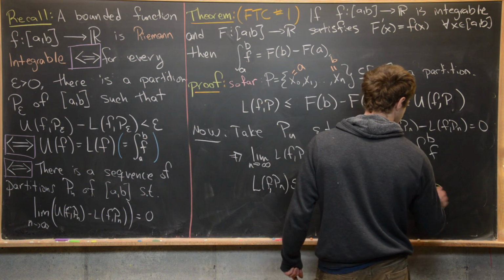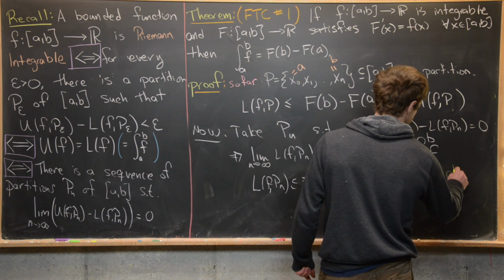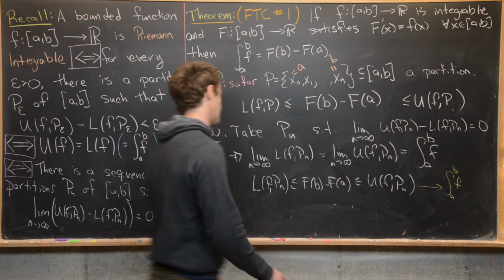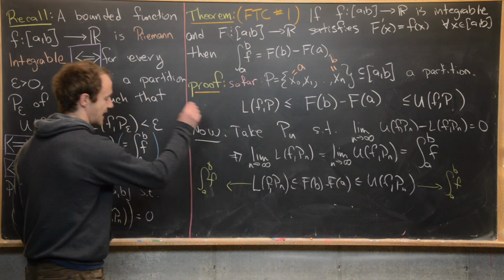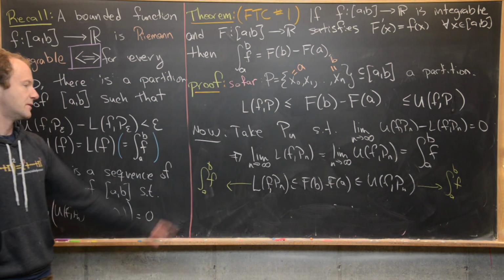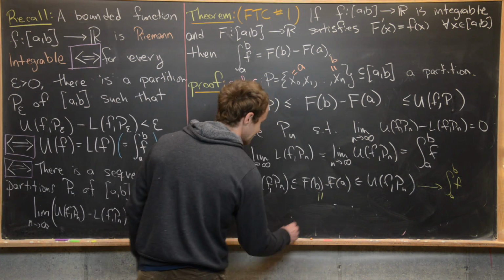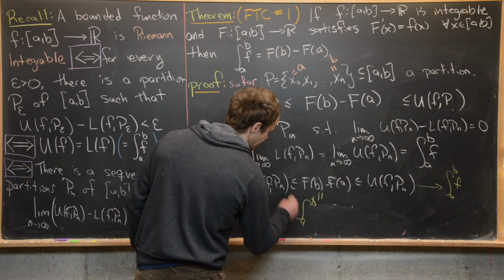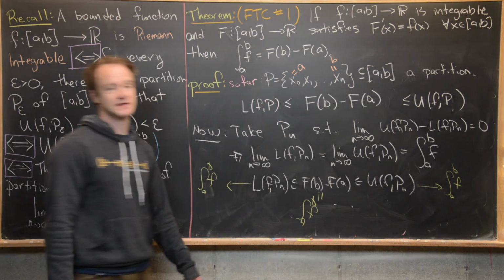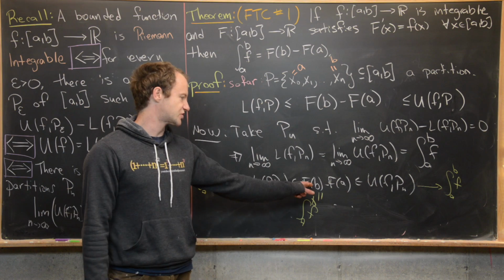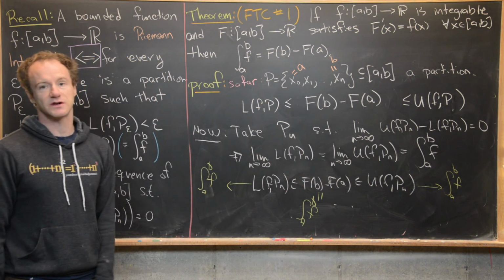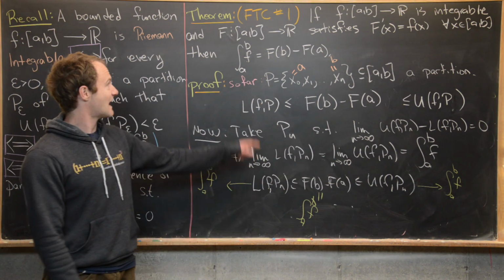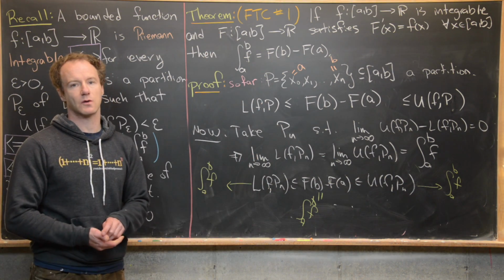The left hand side of this inequality is trending to the integral from a to b of f. The right hand side is also trending to the integral from a to b of f. But that means this center thing is equal to the integral from a to b of f by the squeeze theorem. Notice that this is straight equal to it. We don't really have to take a limit because there's no dependence on the partition in the middle there. But that finishes the proof of the FTC part 1.